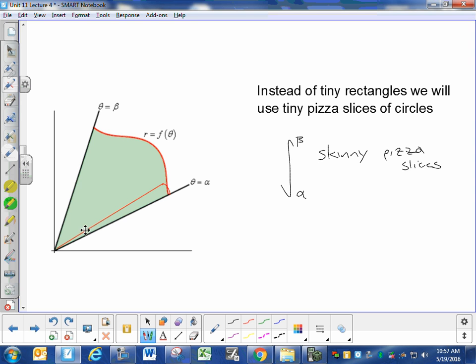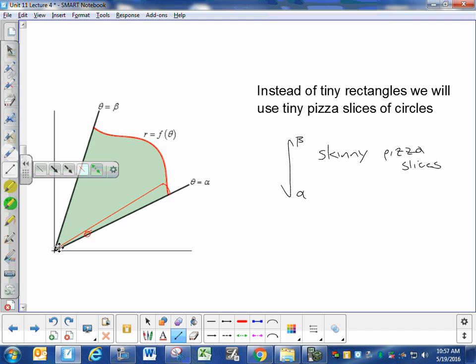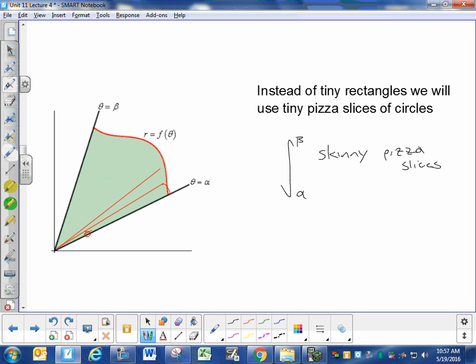And this would be a theta measurement here. And then I would do another one here and connect them with an arc of a circle. Okay? And I would take an infinite sum of very, very skinny pizza slices.